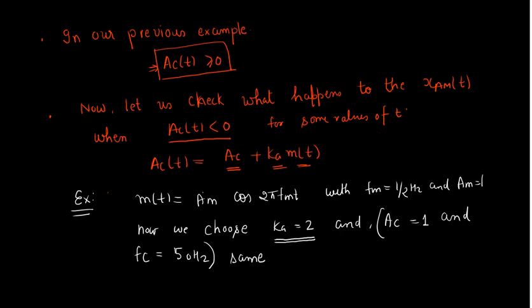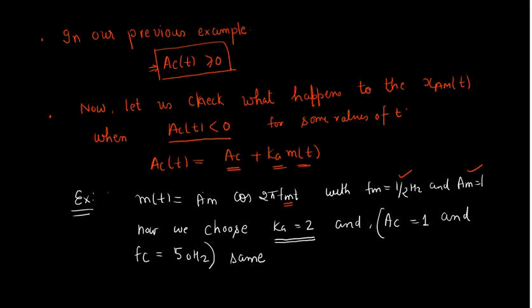So if our message signal is same, which we took for the previous example, Am cos 2 pi fm t with fm half and the amplitude as 1, and the frequency of the message signal is 0.5 Hz.